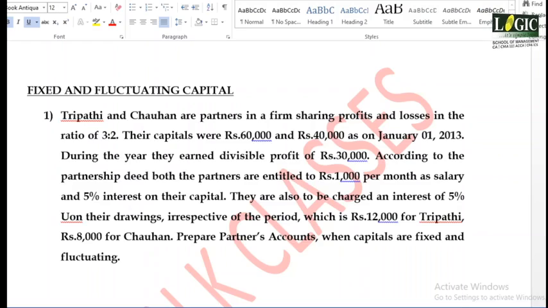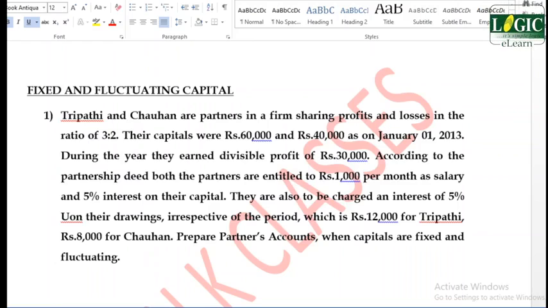According to the partnership deed, both the partners are entitled to 1,000 per month as salary and 5% interest on capital. They are also to be charged an interest of 5% on their drawings, irrespective of the period, which is 12,000 for Tripathi and rupees 8,000 for Chauhan. Prepare partners' accounts when capitals are fixed and fluctuating.